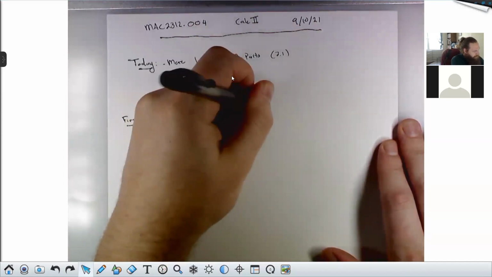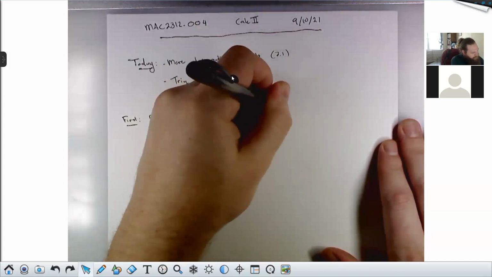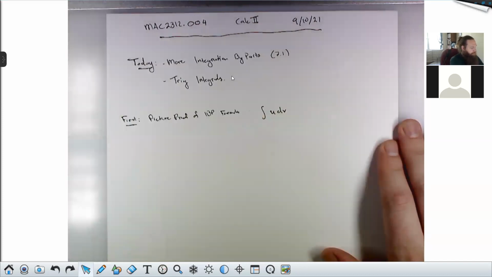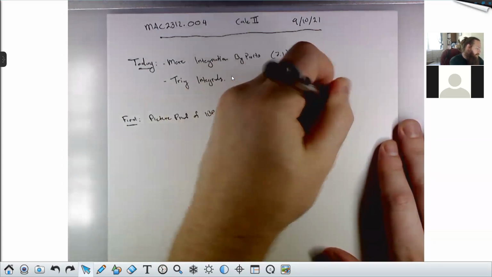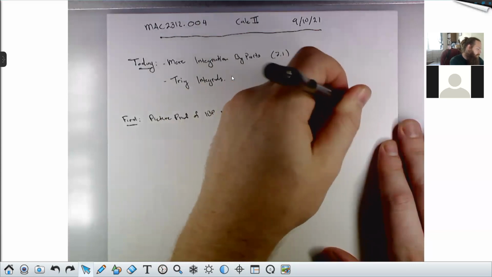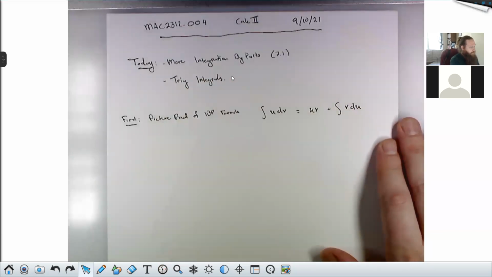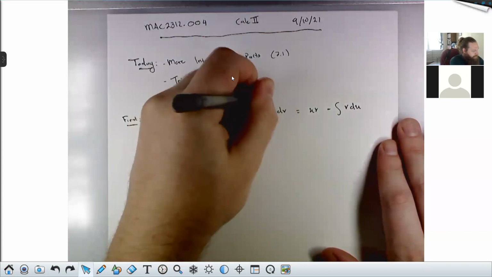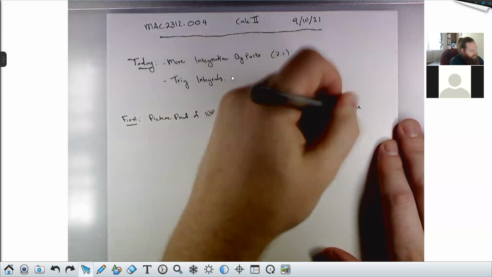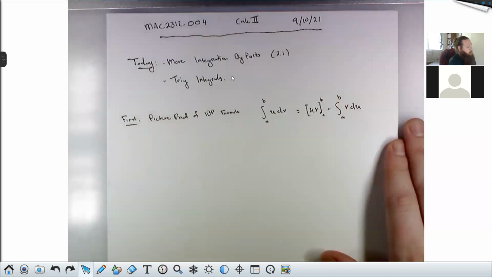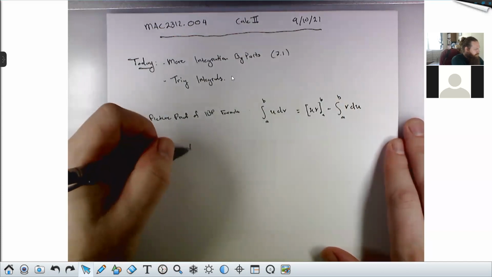So of course, the IBP formula says that the integral of u times dv is equal to u times v minus the integral of v times du. And if this is evaluated from a to b, then all of this is evaluated from a to b. The kind of trick here is to think of the UV plane.